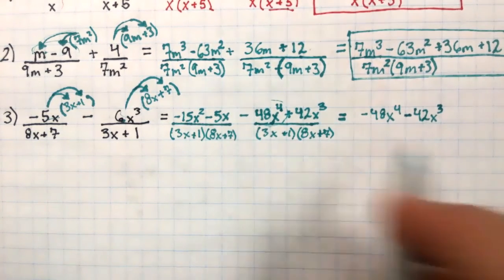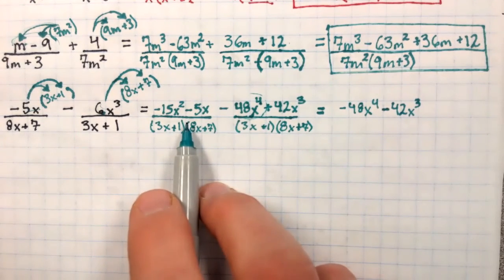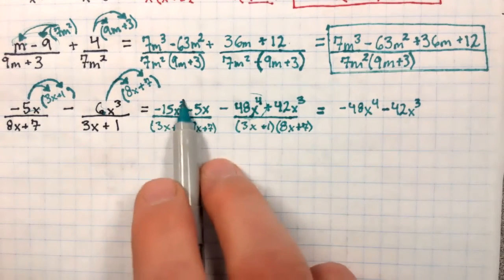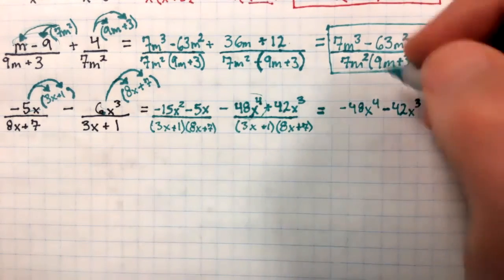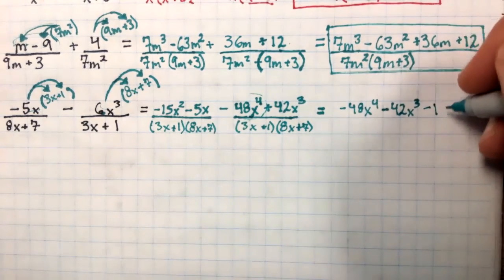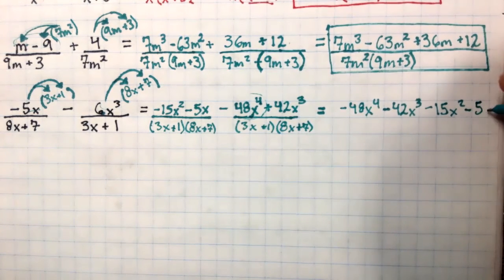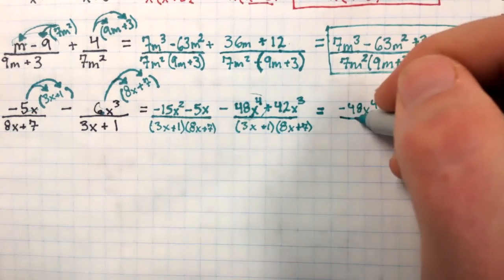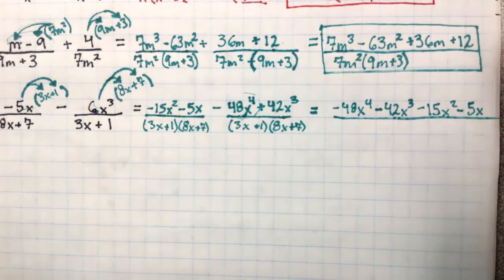Maybe one of the trickiest things about these types of problems. Keep going down the line. The next largest exponent is our square. Nothing to combine it with, and it was negative. So negative 15x squared. And we also had that negative 5x. Nothing to combine with it. Then we just don't want to forget about our common denominator.